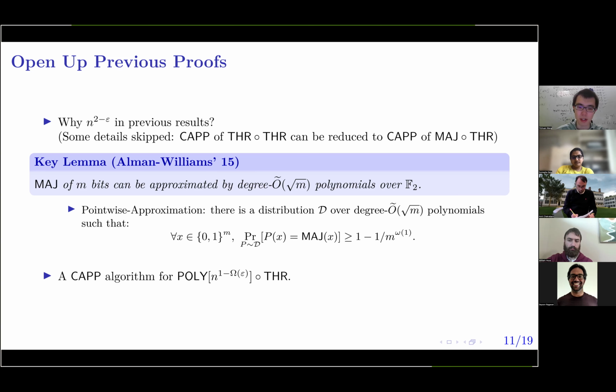So for this circuit, the top gate is a sublinear degree polynomial over F2, and the bottom gates are threshold gates. For this kind of circuit, we have another cap algorithm. We will also not talk about this today. Putting them together, we just get the previous n squared lower bound.